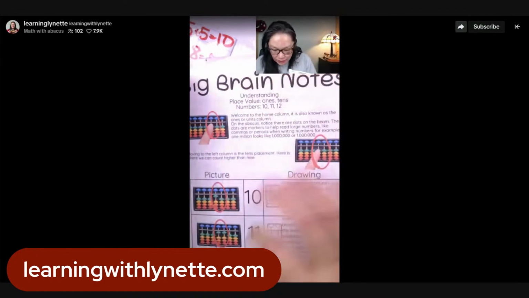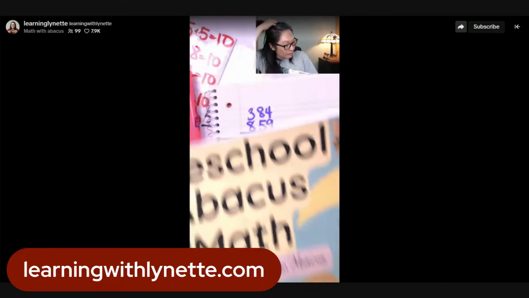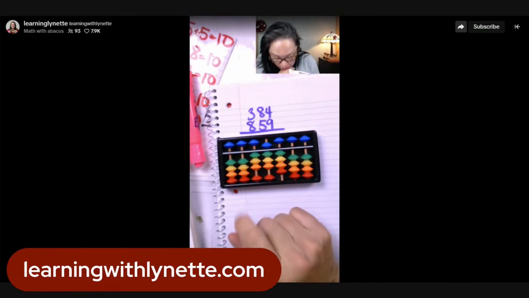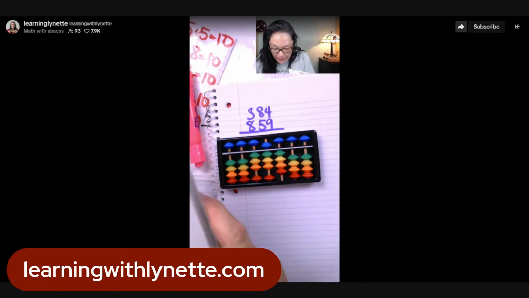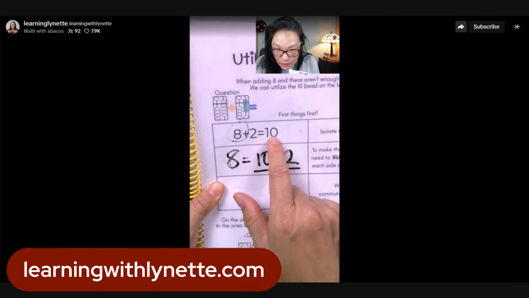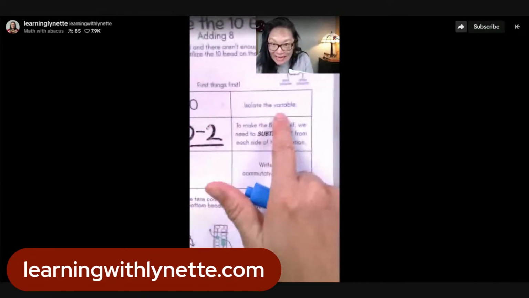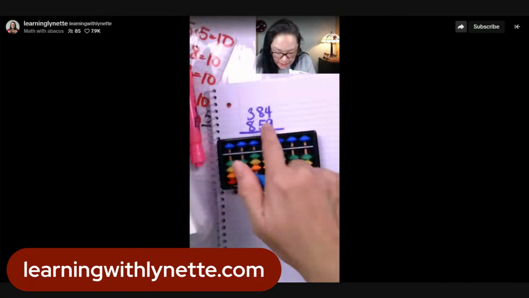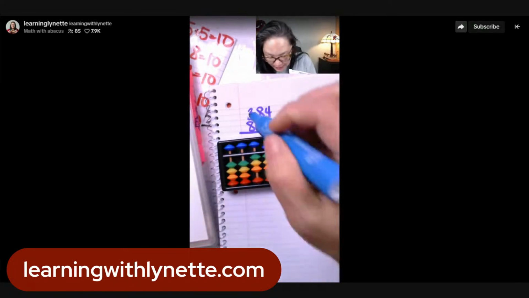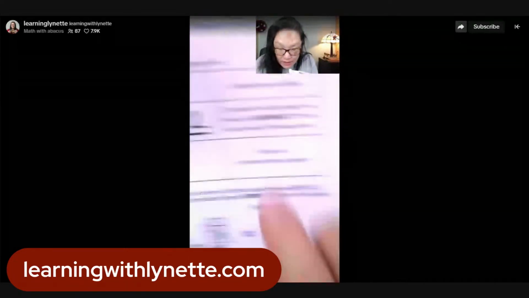Okay, so then we have 8. When we have 8, we know we're going to add the 8 as plus 8 and 2 is equal to 10. So I'm going to modify it. I'm going to isolate the variable. What variable? It's the 8 that we're looking at. So 8 is equal to plus the 10 minus the 2.